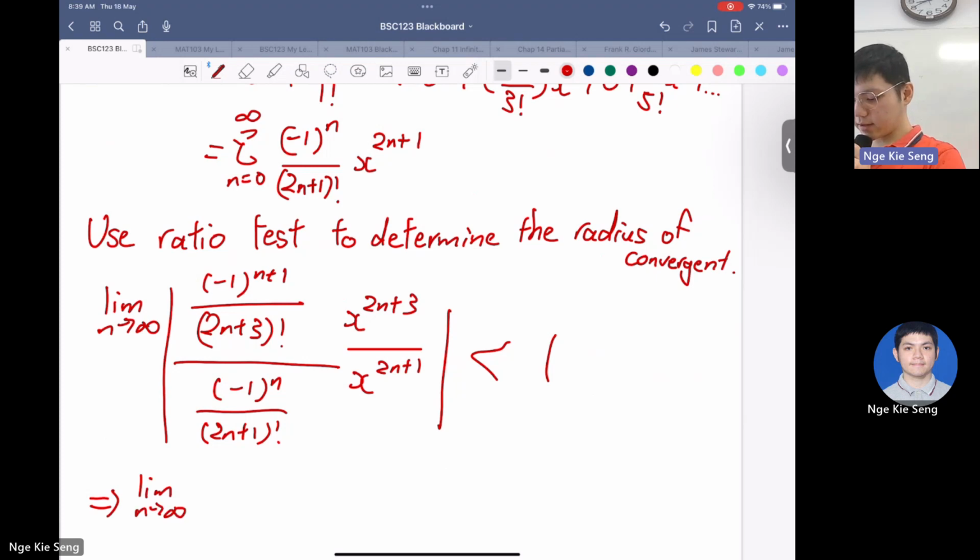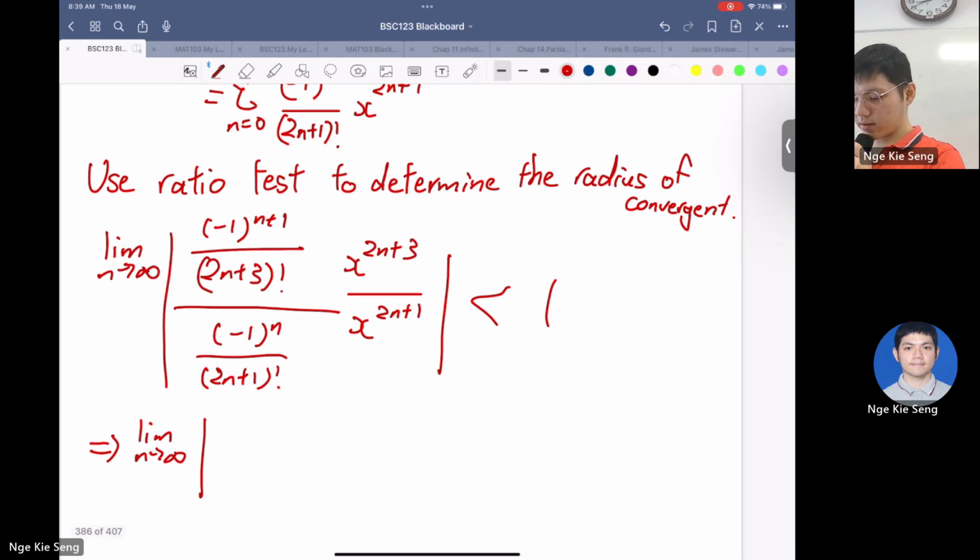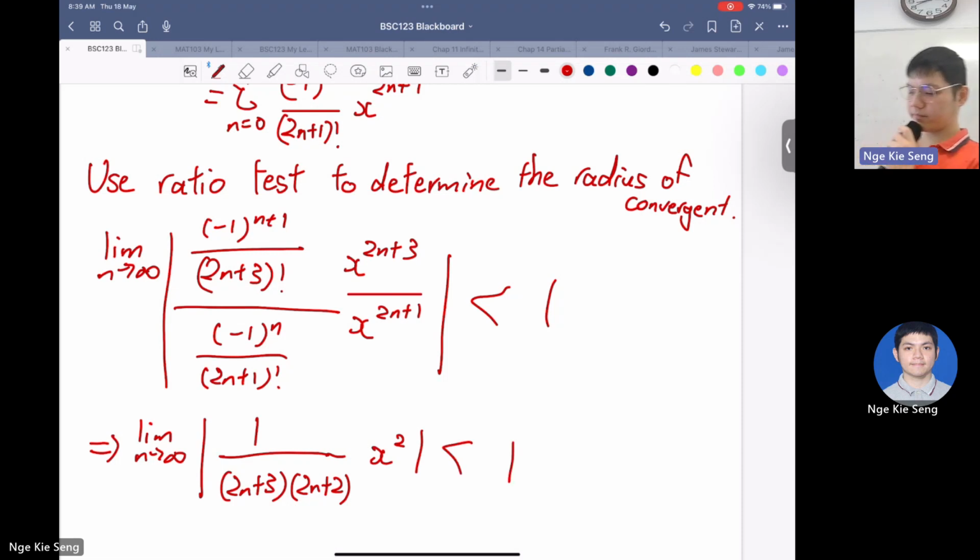If you cancel the factorial, what are you left with? You are left with 2n plus 3, 2n plus 2, and then x squared is less than 1. Correct?